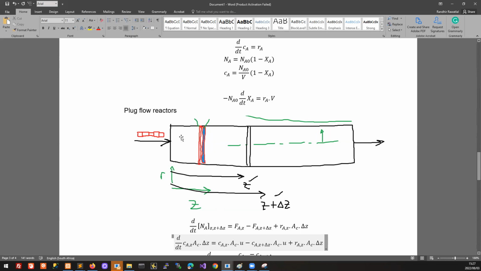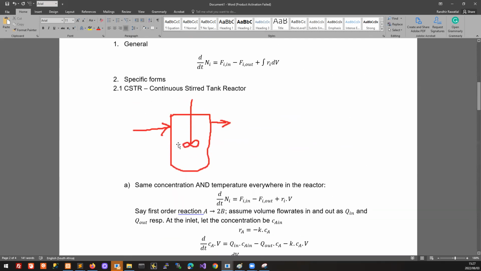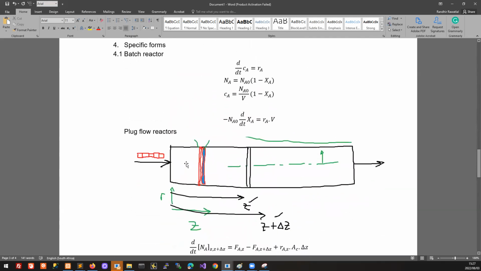So you've got lots of volume where you've got a much higher concentration of A and hence a high reaction rate. So this reactor overall is going to be smaller than the CSTR. To maintain that 80%, the CSTR maybe is going to take you 100 cubic meters, and it might be that with only 20 cubic meters, you get your 80% here. That's because you've got some high rate regions. So the plug flow reactor makes good use of its volume.